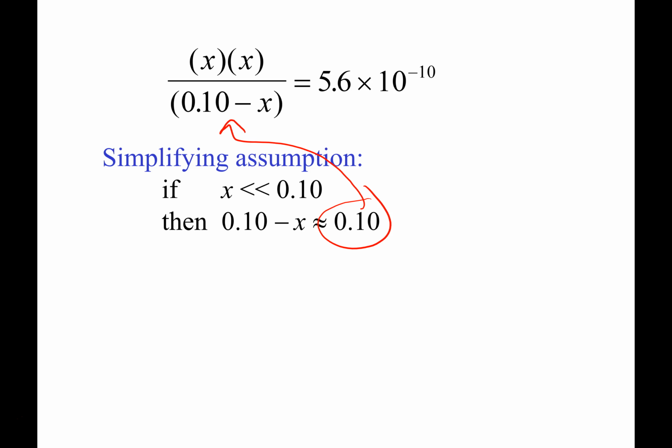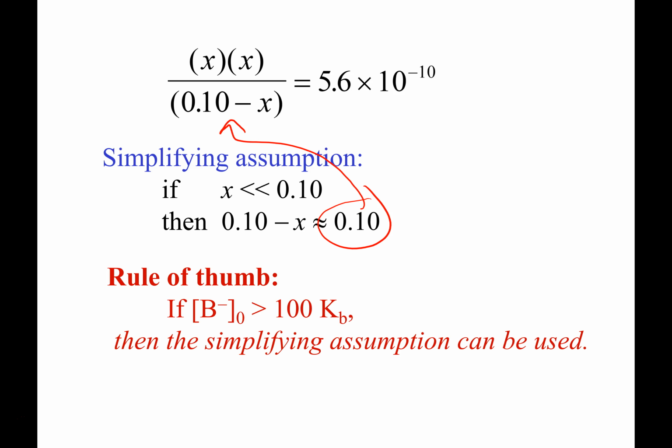So now apply the simplifying assumption. Oh, by the way, and this is what I glitched on Wednesday, greater than, less than. It's the same rule of thumb as our weak acid. This works if you take 100 times your Kb, so let's check this out. 100 times 5.6 times 10 to the minus 10th is what? 5.6 times 10 to the minus 8th.